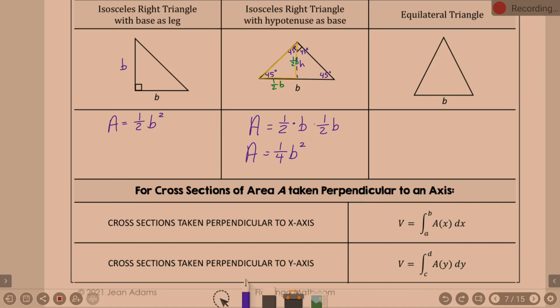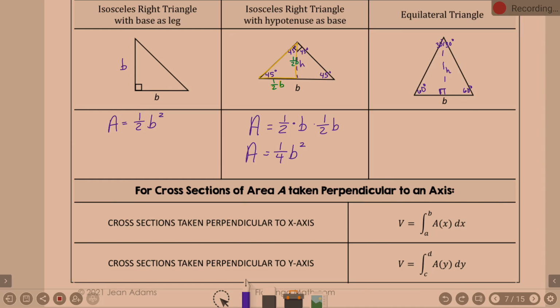Now, what about an equilateral triangle? All angles are the same, which means all angles are what? 60. And this guy up here is 60, or it's split into two 30s when I draw in the height.